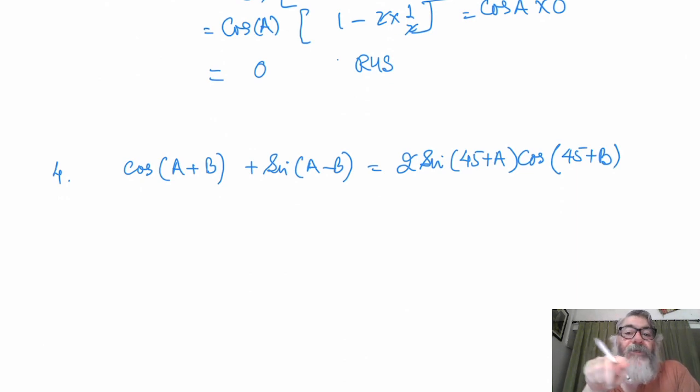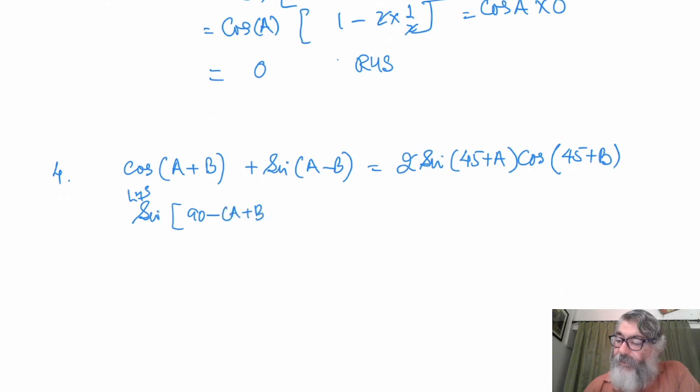Now here one is cos, the other is sin, but you must notice in the formulas either both are cos or both are sin. In between, a plus sign can be there and a negative sign can be there. So what I'm going to do is change this. How will I write it? I can write this left hand side as sin(90 minus (A plus B)).